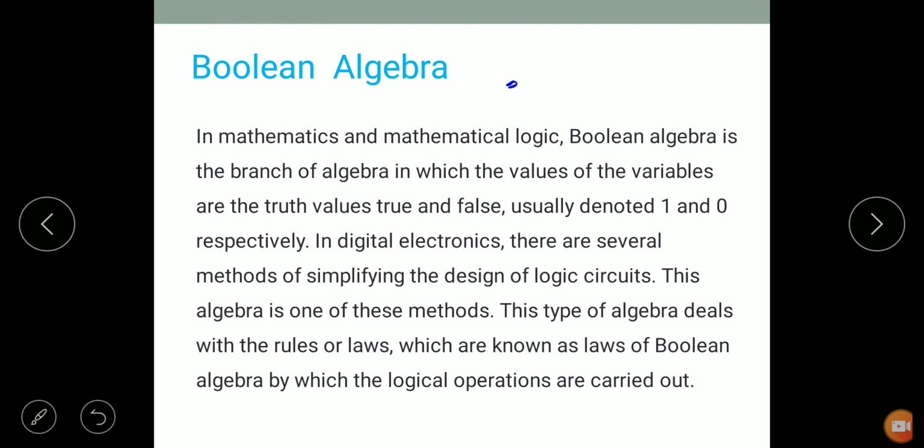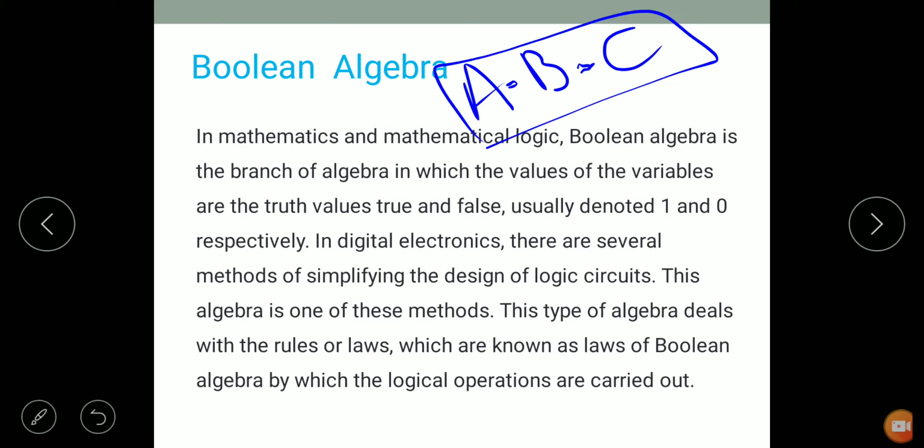If we take three variables A, B, C, then the ANDing of A, B, C is A dot B dot C. Sometimes the dot may be omitted, that is, if we mention the dot it is okay, and if we do not mention it, that is also okay. So A dot B dot C can also be written as ABC.